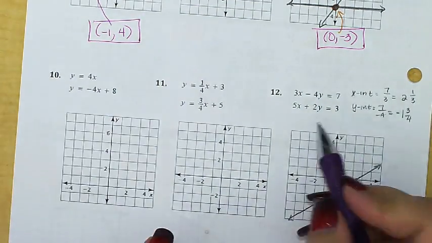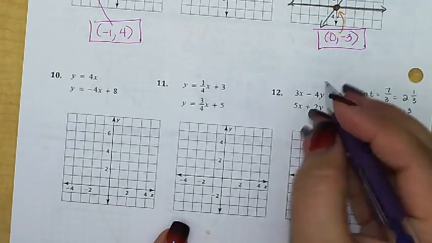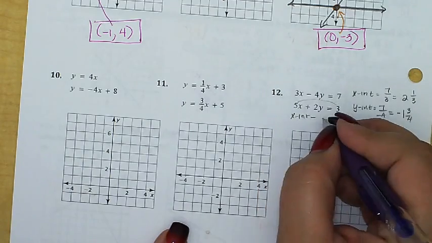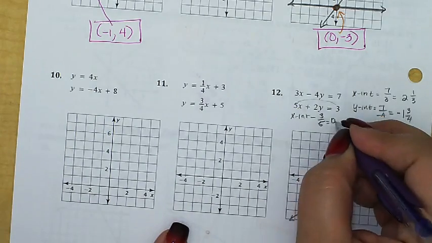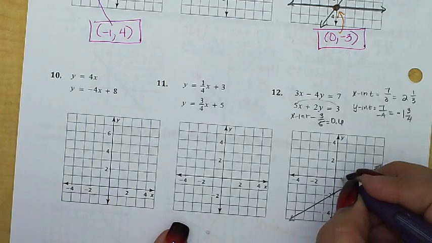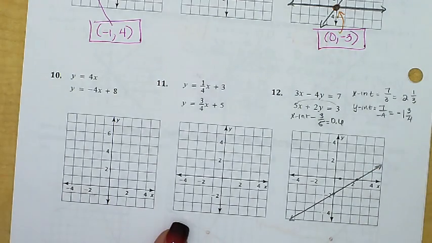Okay, so if you check out the bottom one here, when we do the x-intercept, it's going to be 3 divided by 5. Well, that's the same as 0.6. So on the x-intercept for this, we're looking at about right here. Okay.